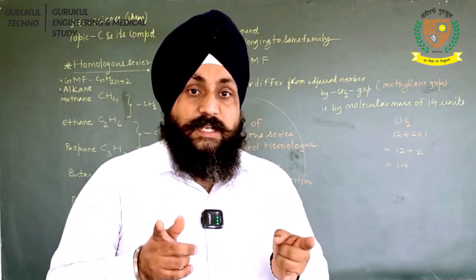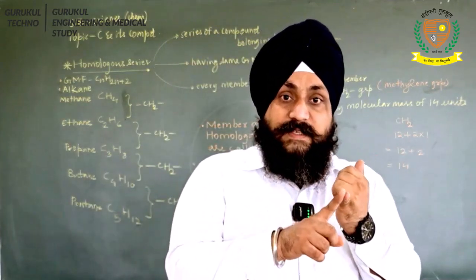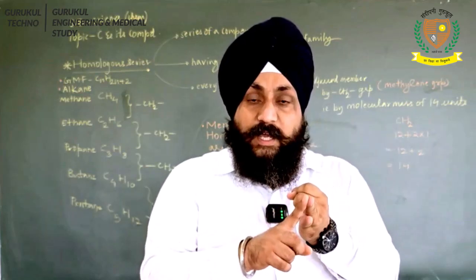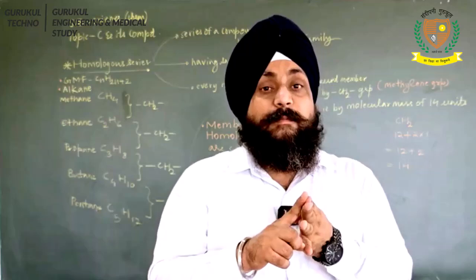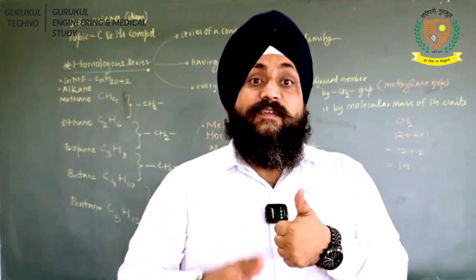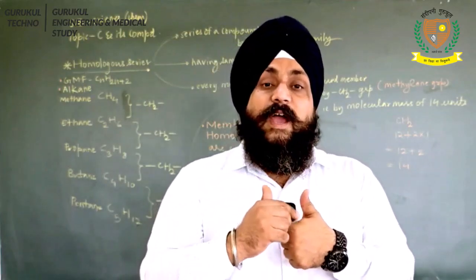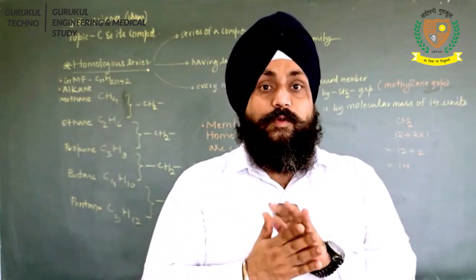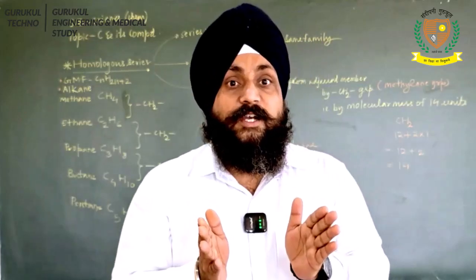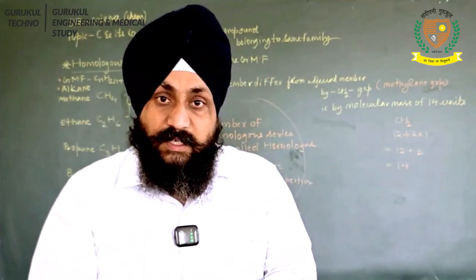See, in homologous series, general molecular formula is same, functional group is same, their family is same, their chemical property is same, but their physical properties are differing, and every member is differing from adjacent member by bond CH2 bond group. So these are some of the characteristics of homologous series.